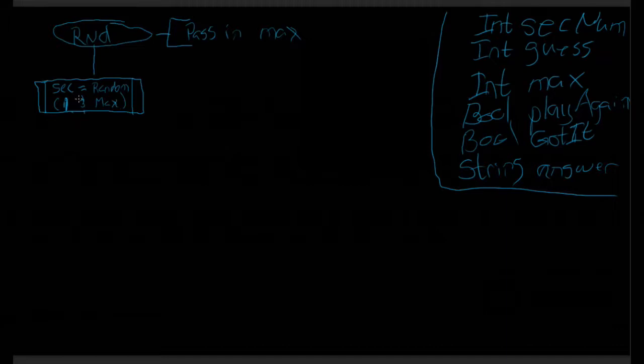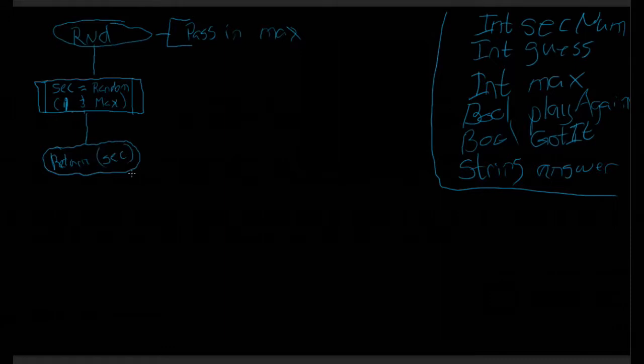And that's going to return secret as a number. So we're going to go ahead and end our little thing here. And we're going to say return, and sec. So we're going to return sec back to our program.